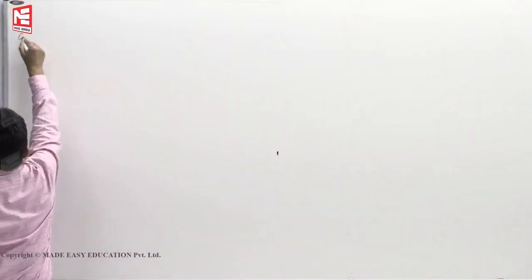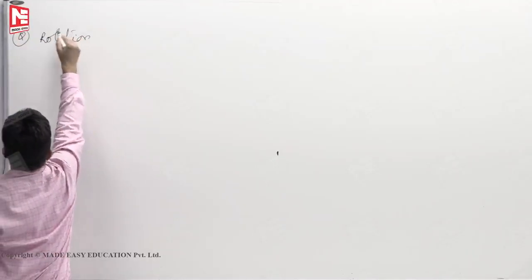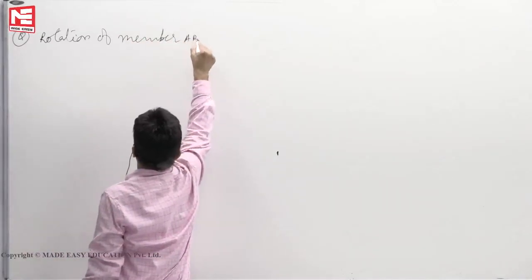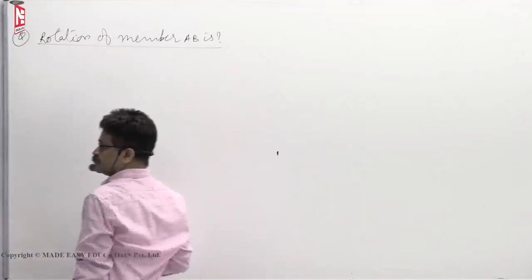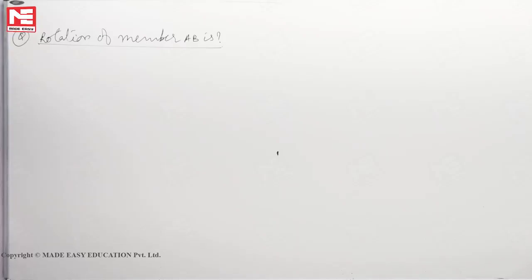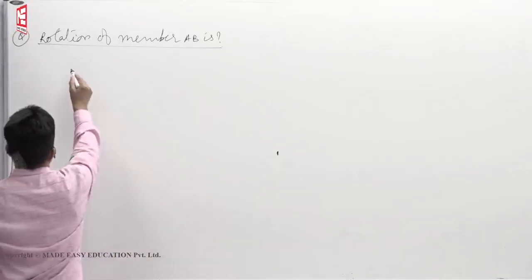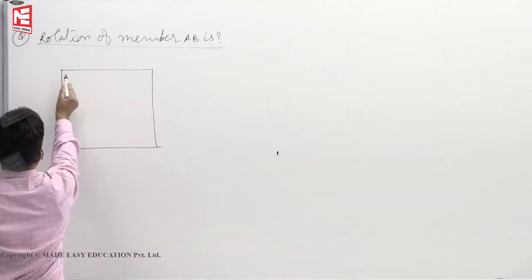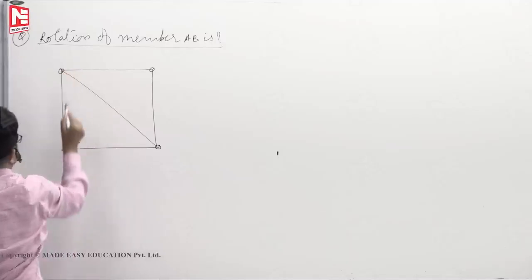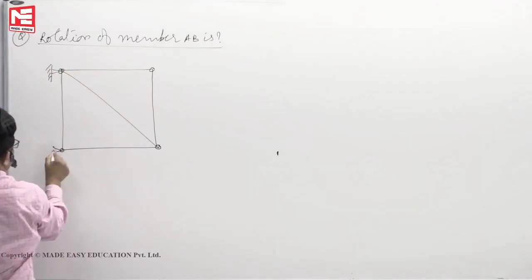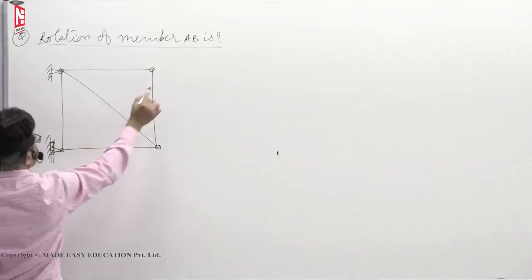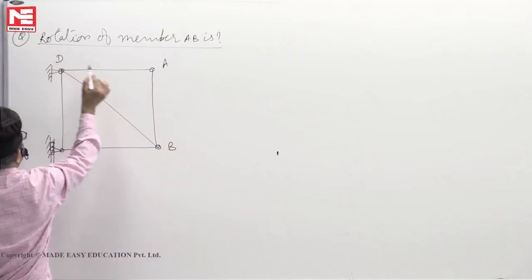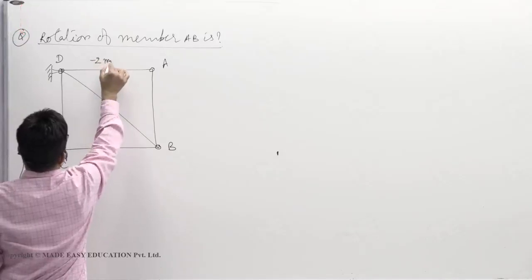Now let us see a third numerical. Rotation of member AB is... This point, let us say A, B, C, D. This contracted, say minus 2 mm.